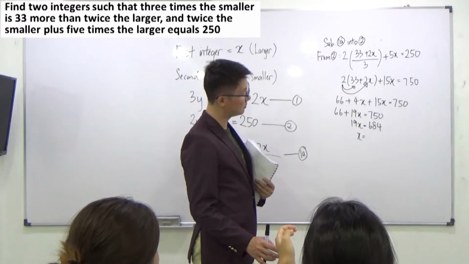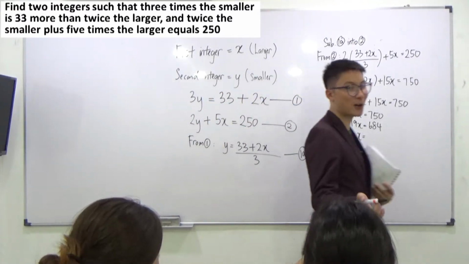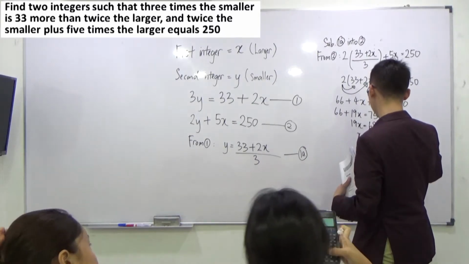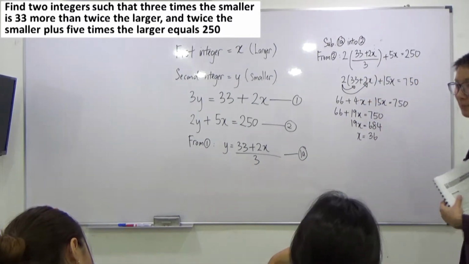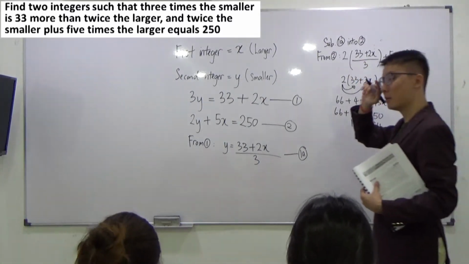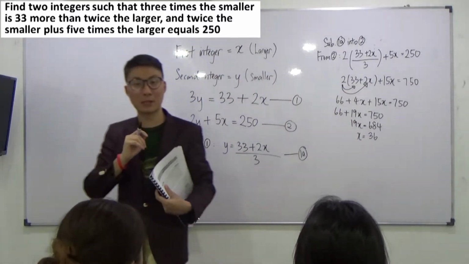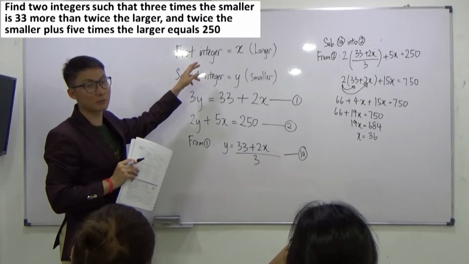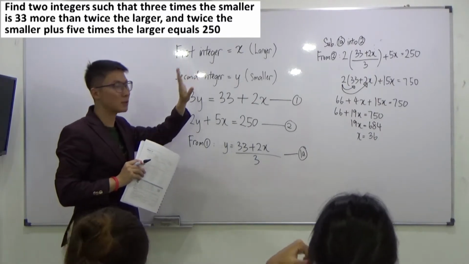Oh, 36. Why was there a decimal just now? So it's exactly a whole number. Okay, 36, because it is an integer. You have to take note about this. When you talk about an integer, it must be a round number, a whole number. There is no decimal or fraction.